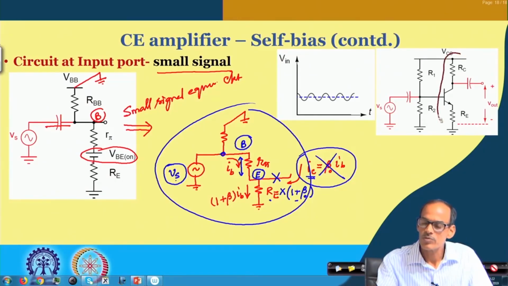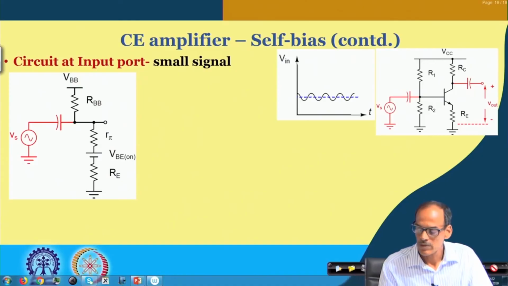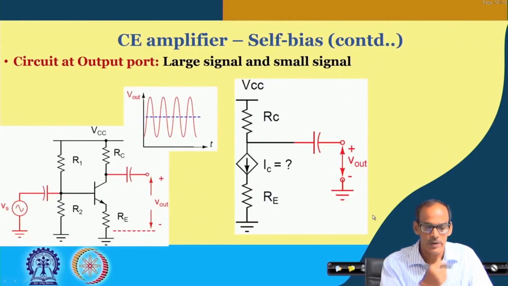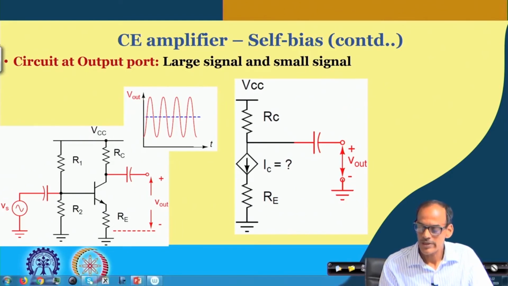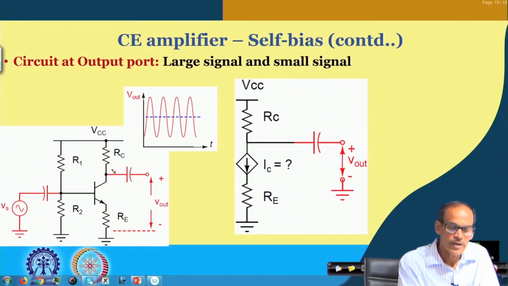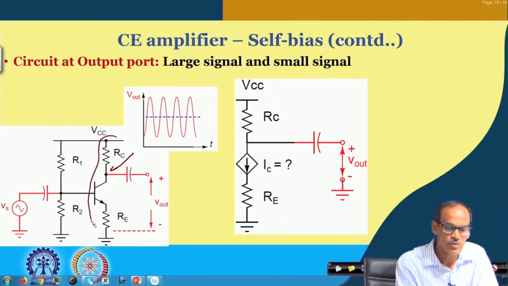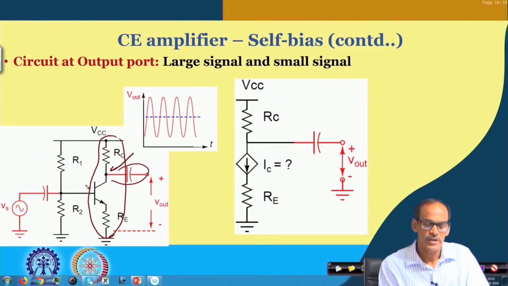And again, for this output port what we have, it is the emitter resistor, it is common. So, let me go to the slide. Here again we do have the large signal and small signal notion, and here we do have the actual circuit, and at this point we do have the voltage shown here, and we are going to talk about this circuit along with this DC decoupling capacitor.